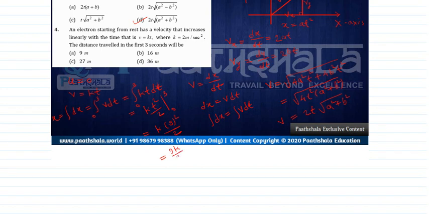What is the value of k? k is also 2, so you can resubstitute this value. 9 into 2 by 2 simply gives us 9 meter. Just note it down.